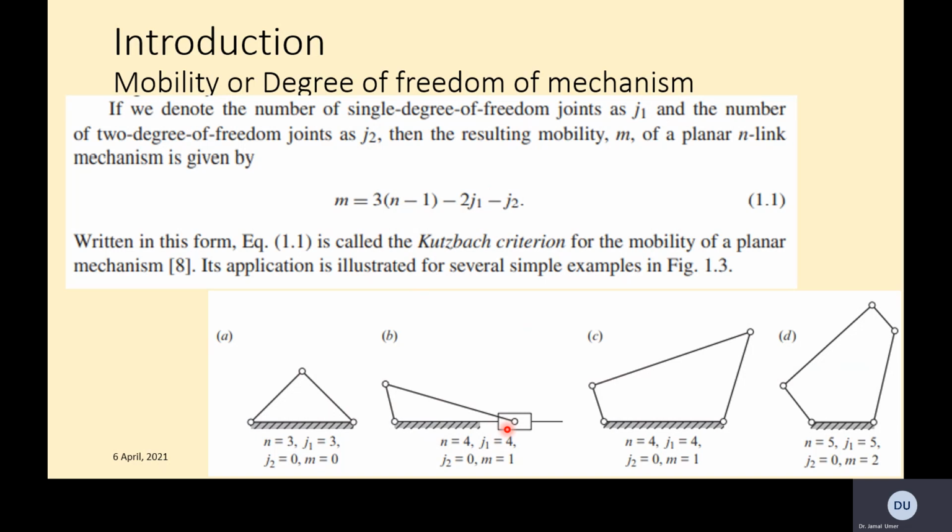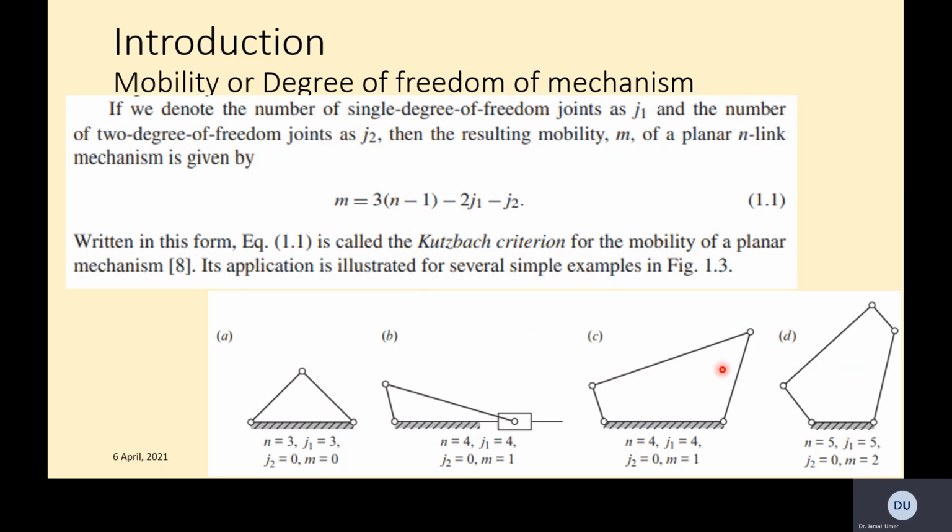So that's why it is a single degree of freedom joint, and all others are revolute joints, where just one angle is enough to explain as an input parameter. So you just plug in, you work out the degree of freedom or the mobility is 1, which makes sense because this is just moving in one dimension. So one directional movement is there.